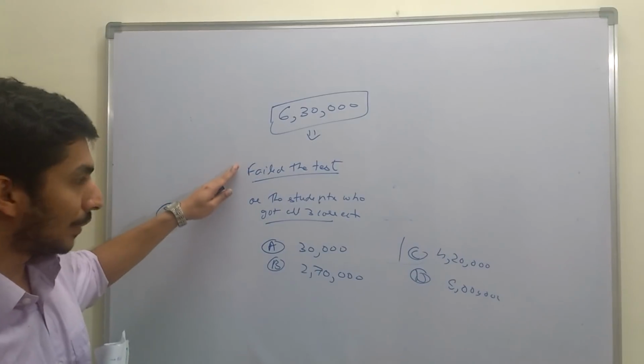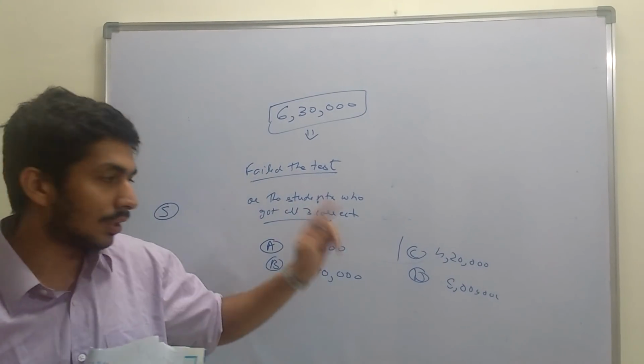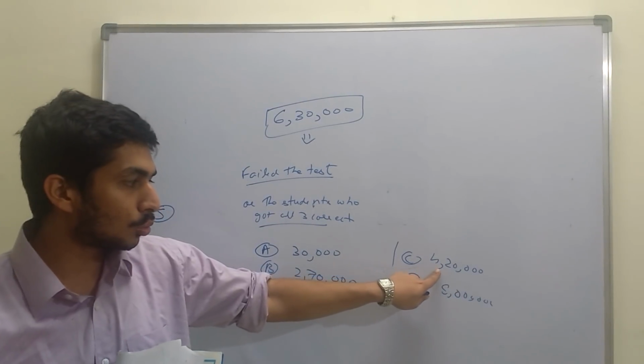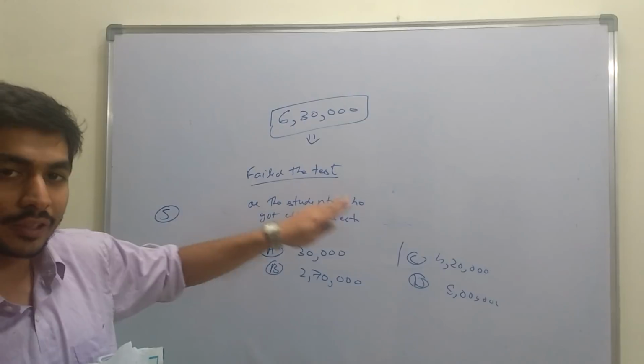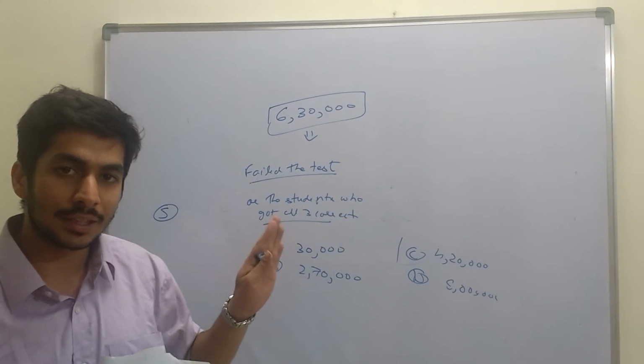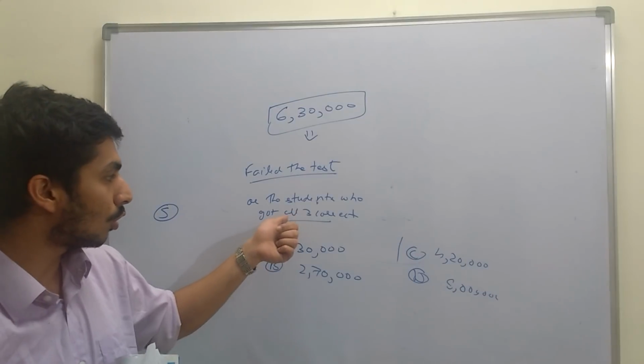That means if there were 4,20,000 students who failed the test, then there is an equal number of students who also got 3 correct.